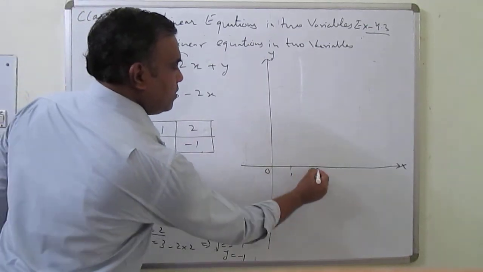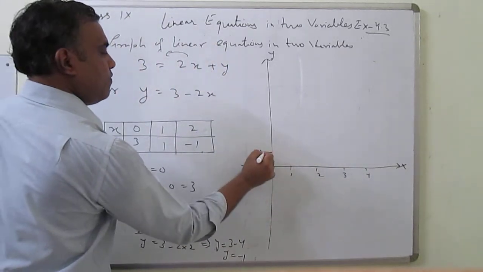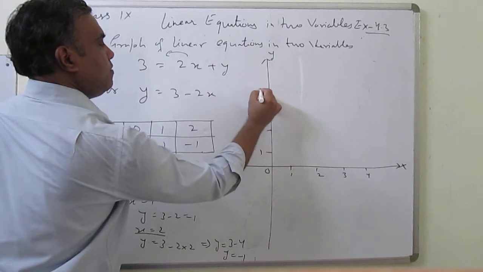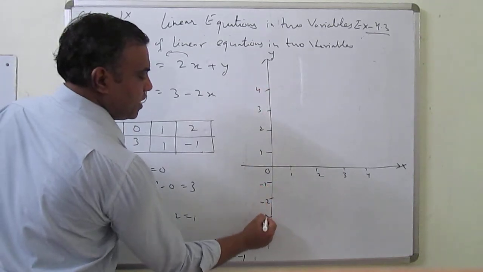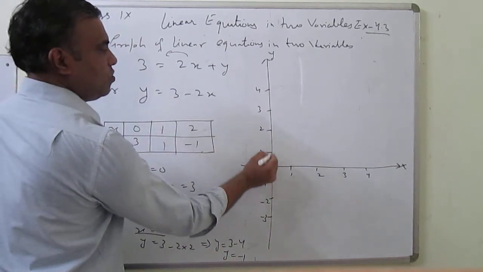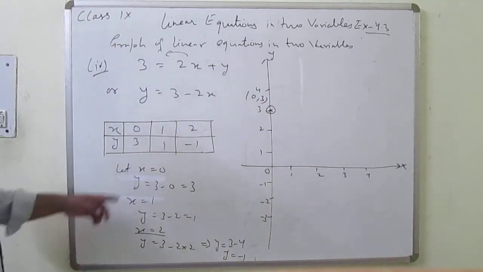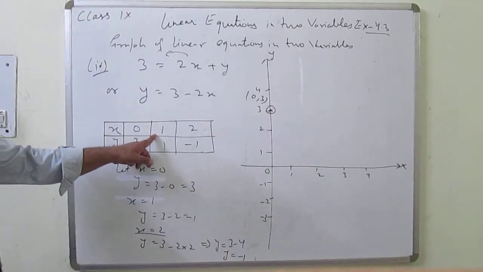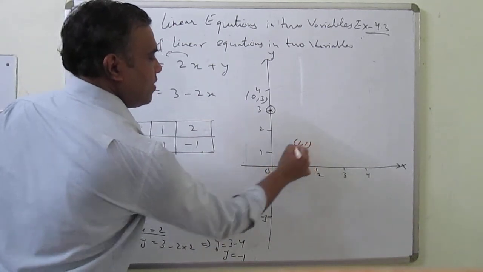So x: 1, 2, 3, 4; y: 1, 2, 3, 4, minus 1, minus 2, minus 3. Now plot the points. x is 0, y is 3. This is 0, 3. Now x is 1 and y is 1. This is 1, 1.